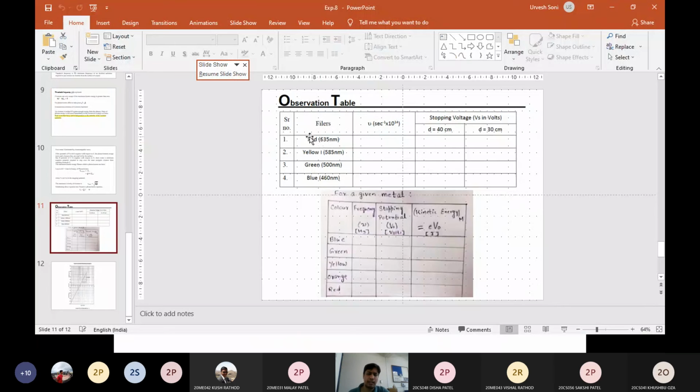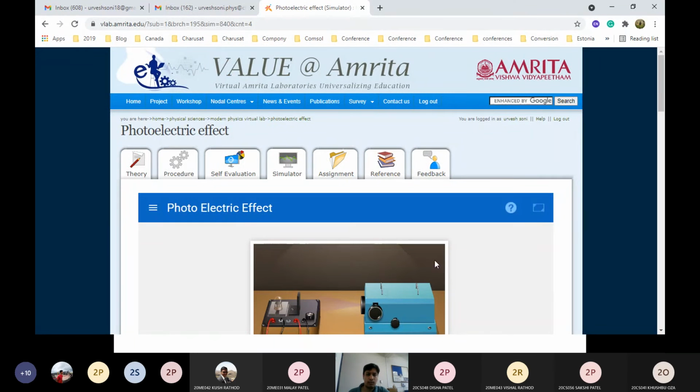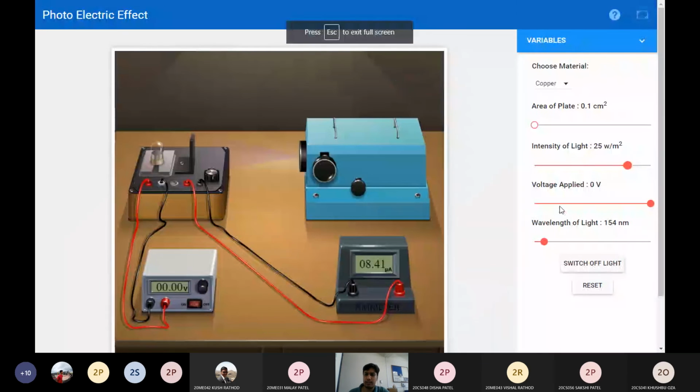It's not like every time you need to write down for red, yellow, green and blue. From the simulation itself you can select as per your convenience, whatever you want to select. For each one you will get a different value. For example, for 142 nanometer it's -5, before that it was -7.9. And if I change the area, there will definitely be some difference.